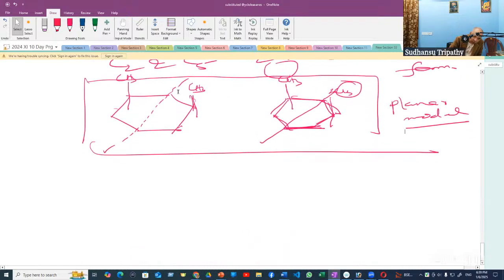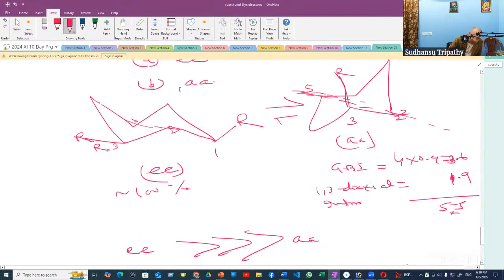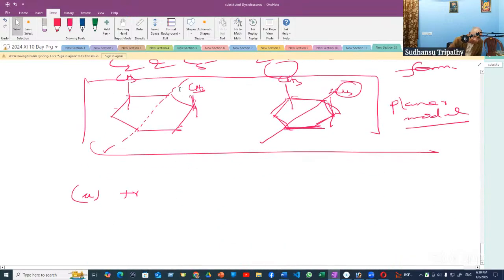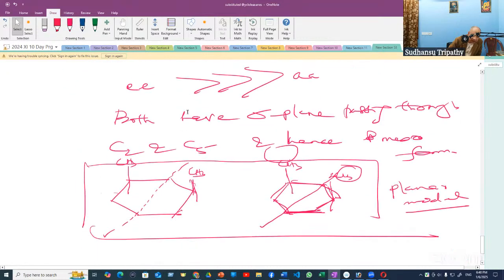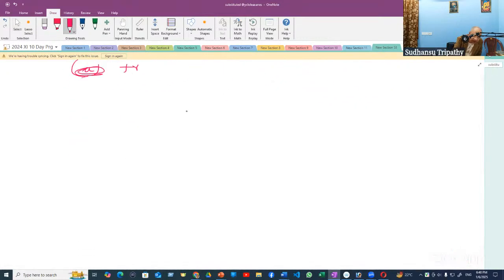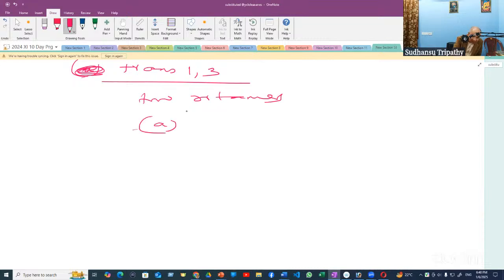Coming to the trans isomer, we're writing A, B, not 1,2. Trans 1,3. It has got two rotamers. Rotamers which cannot be separated. AE, BEA in the same sequence.